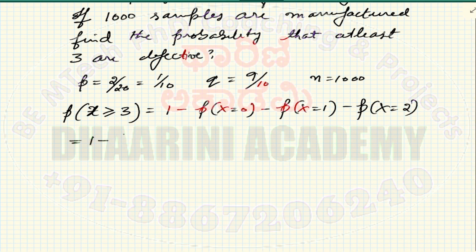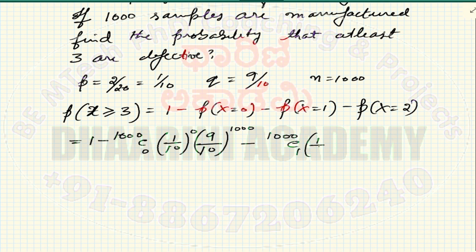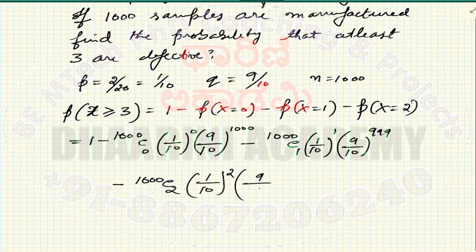So 1 minus 1000 C0, 1 by 10 to the 0, 9 by 10 to the 1000, minus 1000 C1, 1 by 10 to the 1, 9 by 10 to the 999, minus 1000 C2, 1 by 10 to the 2, 9 by 10 to the 998.